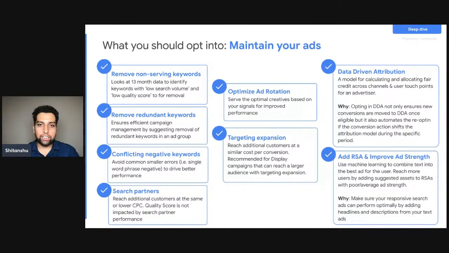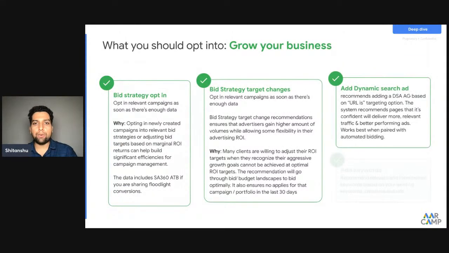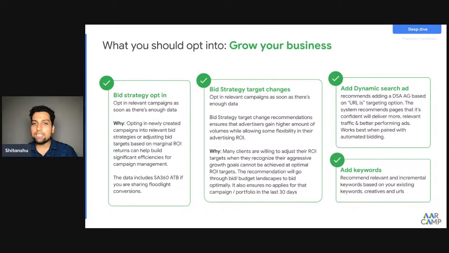Now, let's also talk about some of the grow your business recommendations that you can choose to opt into auto apply. One of them is bid strategy opt in. As I said, most of the grow your business recommendations are around bidding strategy. So, you can choose to automate opting into any of the conversion or conversion value based bidding strategies.